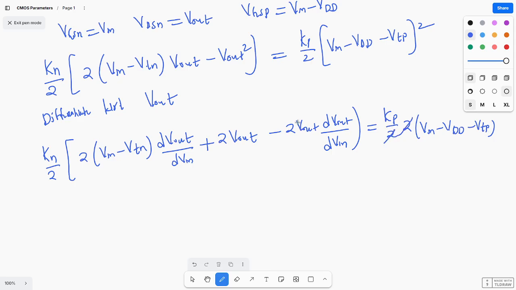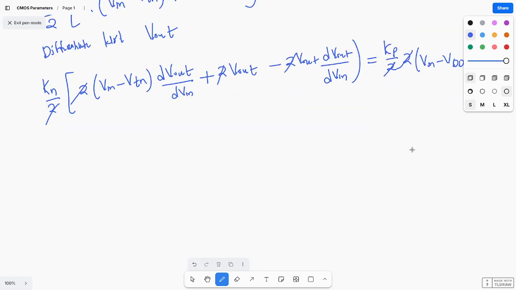The 2 gets cancelled. Again substitute dV out by dV in equal to minus 1.